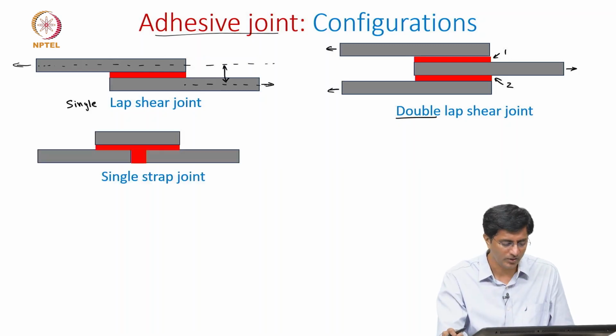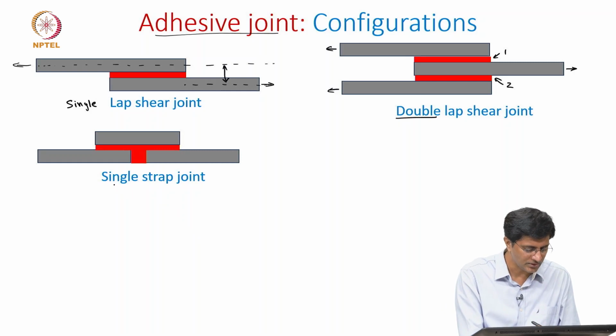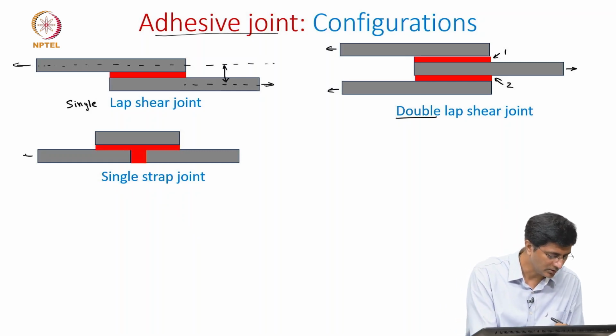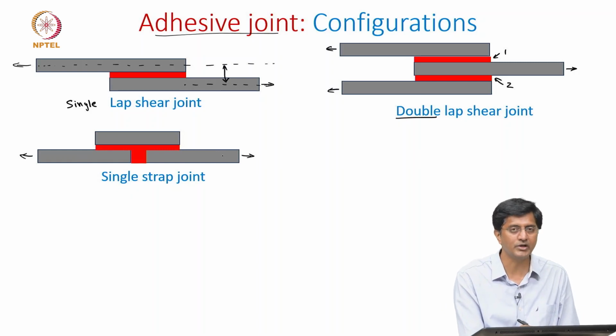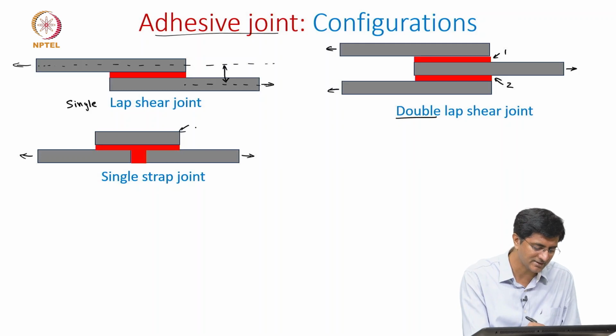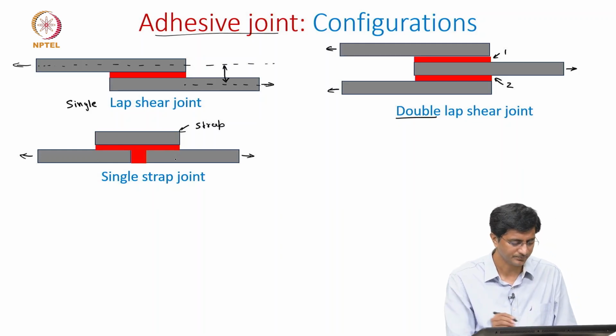So one way to avoid it is to use this single strap joint, because here substrates 1 and 2 both are aligned in the same direction, so we can avoid those bending moments. So how did we do this? We add a strap and then apply the adhesive, which transfers the load from one substrate to the other.